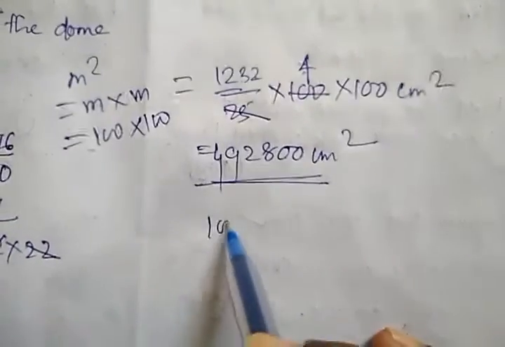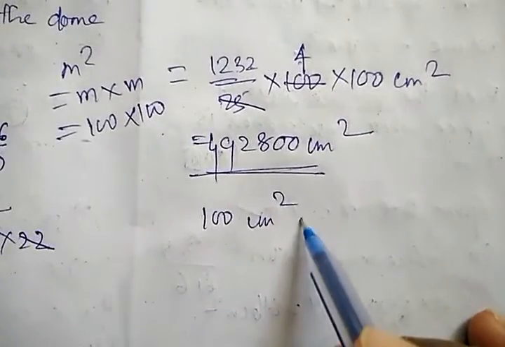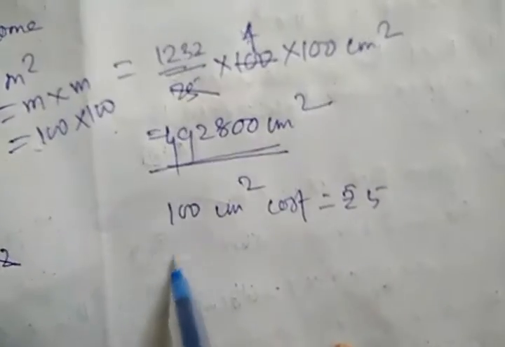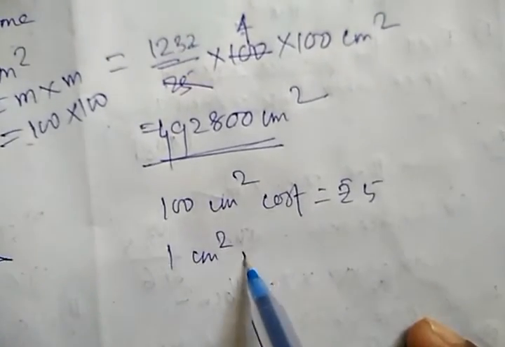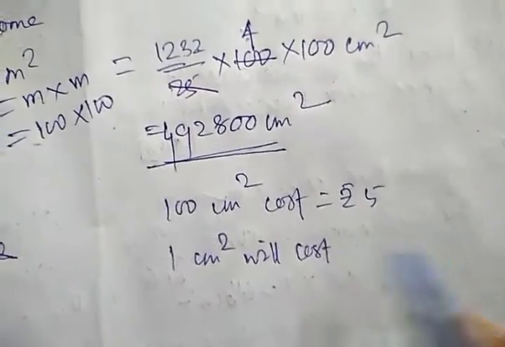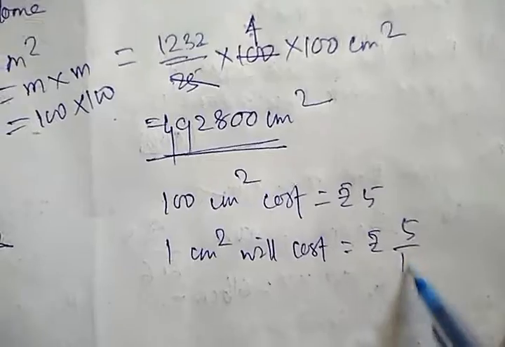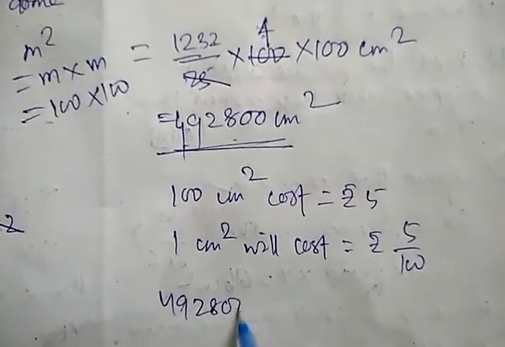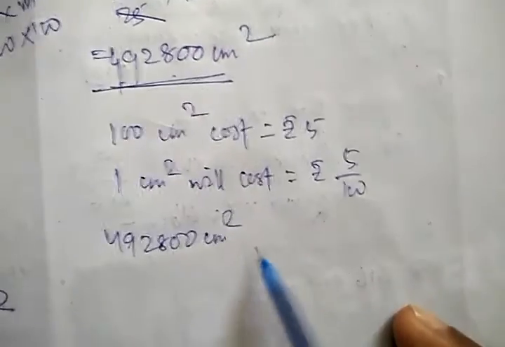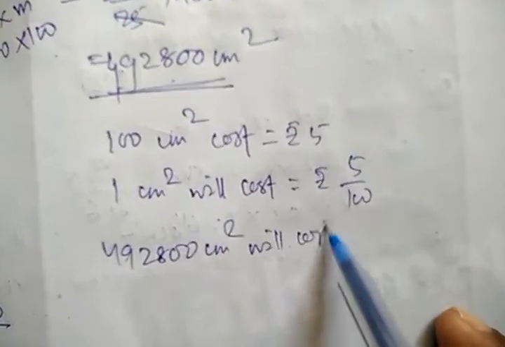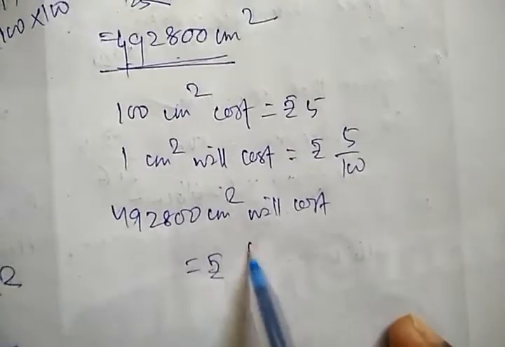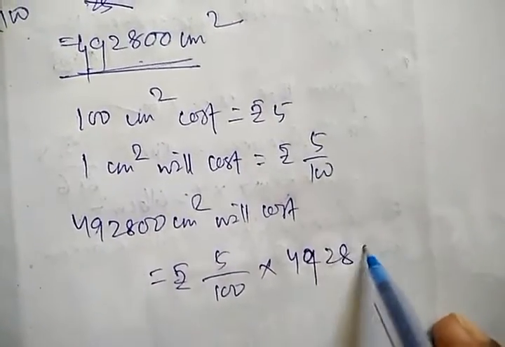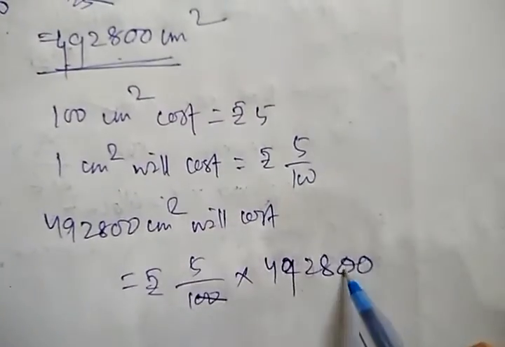So you now find the answer. 100 centimeter square costs rupees 5. 1 centimeter square will cost rupees 5 by 100. So 492800 centimeter square will cost rupees 5 by 100 into 492800. So this 00 cancels.